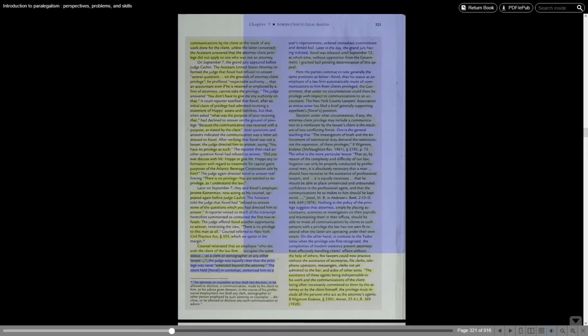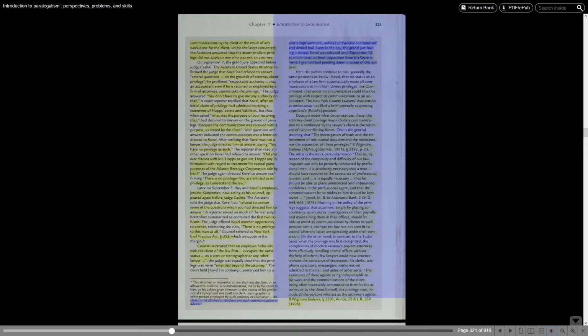The court held Koval in contempt, sentenced him to two years imprisonment, ordered immediate commitment and denied bail. The statute provides: "An attorney or counselor at law shall not disclose, or be allowed to disclose, a communication made by his client to him, or his advice given thereon, in the course of his professional employment, nor shall any clerk, stenographer or other person, employed by such attorney, or counselor, disclose, or be allowed to disclose any such communication, or advice."